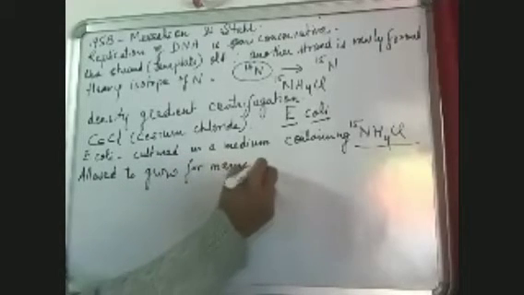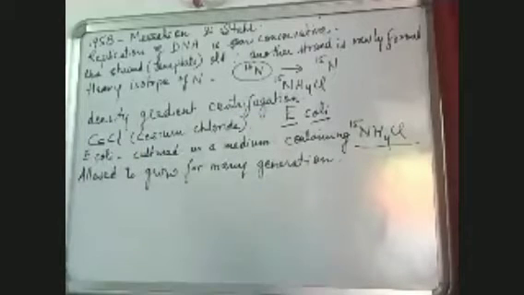Why was it allowed to grow for many generations? It was allowed to grow for many generations so that both the strands of DNA of E. coli get labeled with N15.